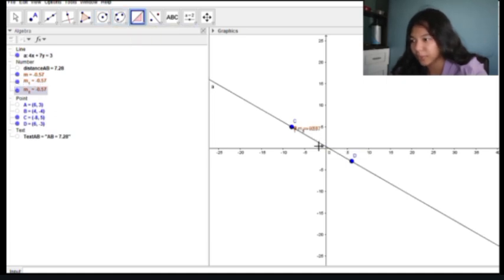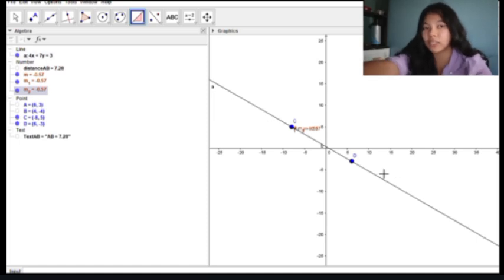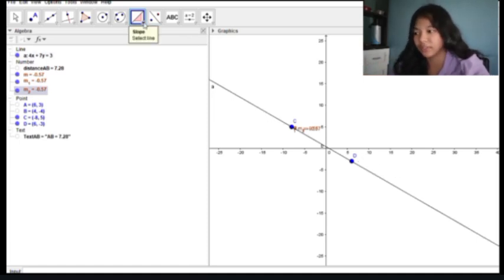So the slope would be -0.57. As you can see, whether you click the point, or the other point, or the line, it would give you the same answer as long as you press slope as the option.